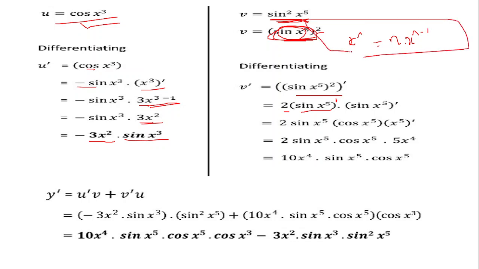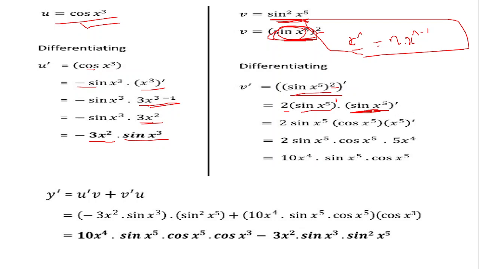Using this formula I have differentiated sin of x to the power of 5 whole square. That's 2 into sin of x to the power of 5 whole to the power of 1, since 2 minus 1 is 1. Once again I need to differentiate the sin of x to the power of 5. Next, the inside term is sin of x to the power of 5.